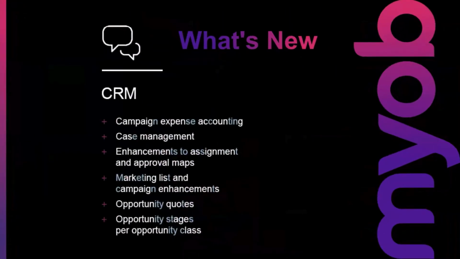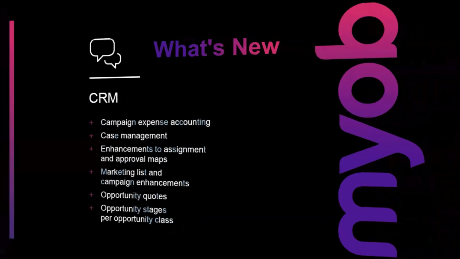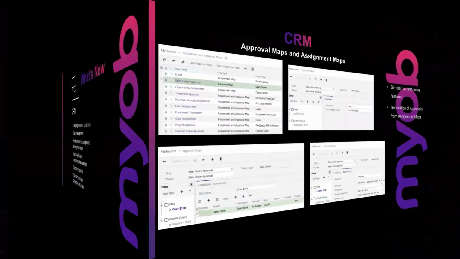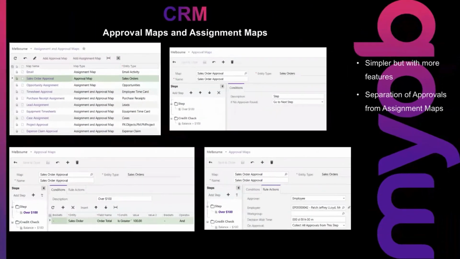And moving on now to customer relationship management. There's a whole lot of new changes there for those of you who are using opportunities or marketing lists. I'll just skip through these quickly. First of all, in the approval maps and the assignment maps, they've separated those two out. Previously, they were one map. They've increased the scope of the approval map so you can apply it to more business objects, sales order approvals, and different things like that.